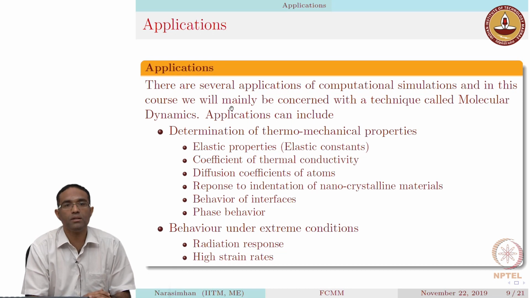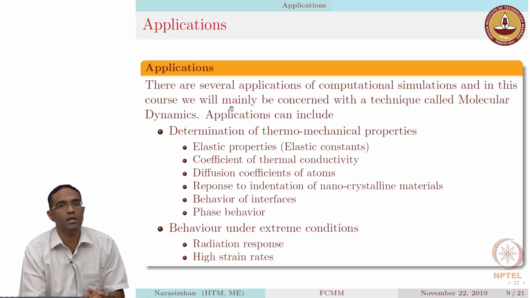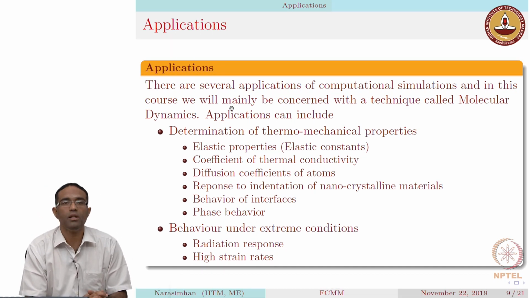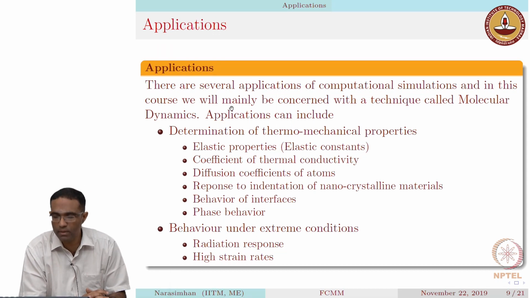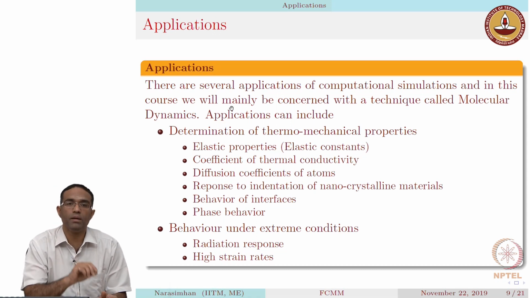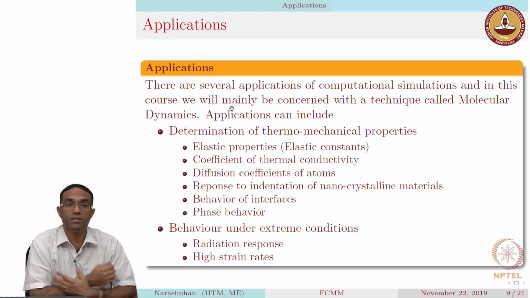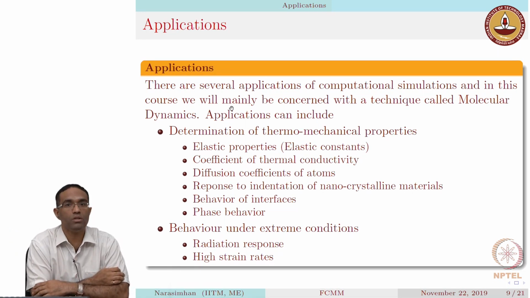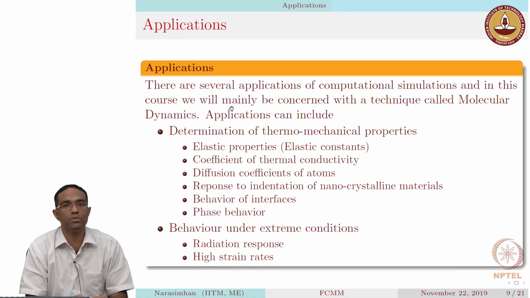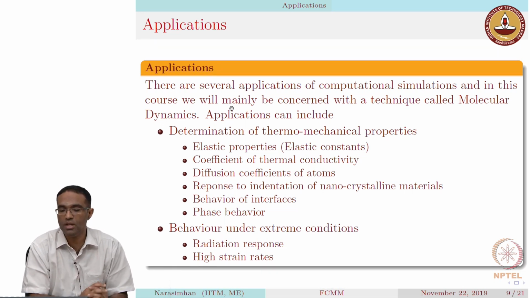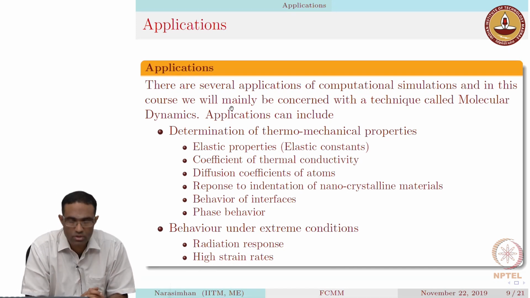You can get the coefficient of thermal conductivity of a given material, provided certain conditions are satisfied. You can get how fast atoms are diffusing in a given metal, in a given material, and this is extremely important to understand concepts such as segregation, and several other issues in materials science also require these diffusion coefficients.